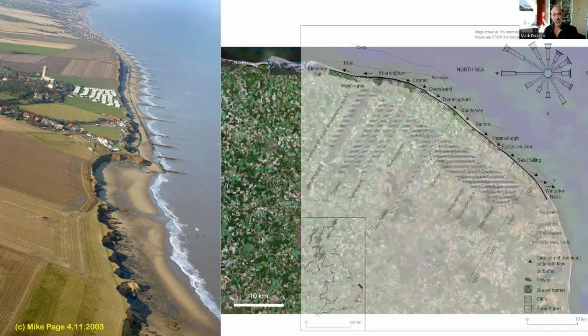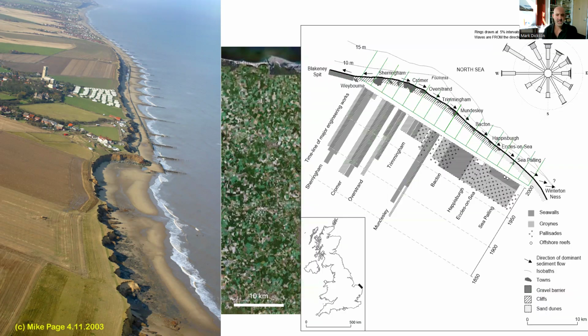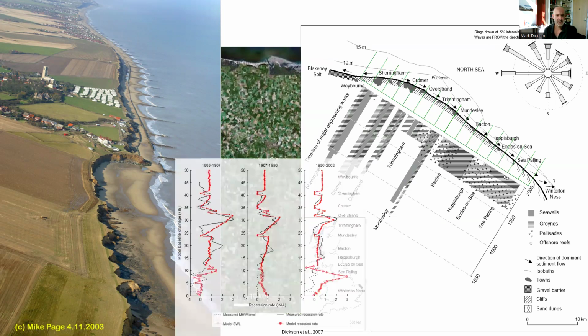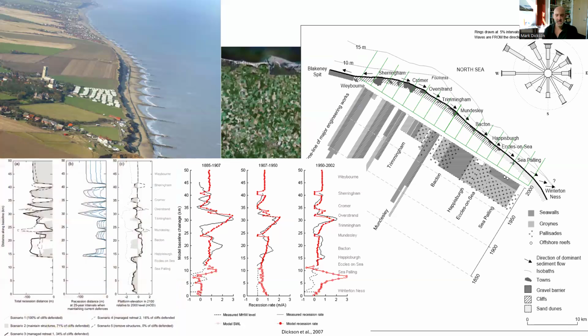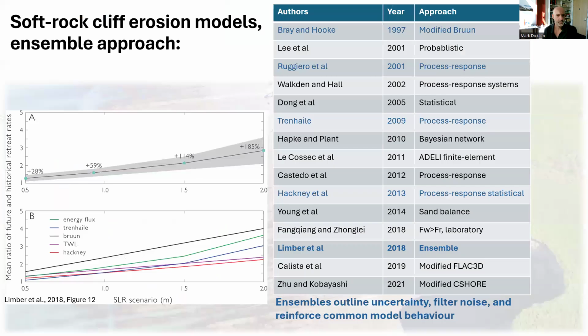Yet with a systems model like this, it's possible to represent these types of interventions through time. And by comparing model outcomes with measured coastal recession data, we can give ourselves some confidence the model is doing something useful and use that as the basis to make statements about what might happen in the future under various climate change and coastal management scenarios.